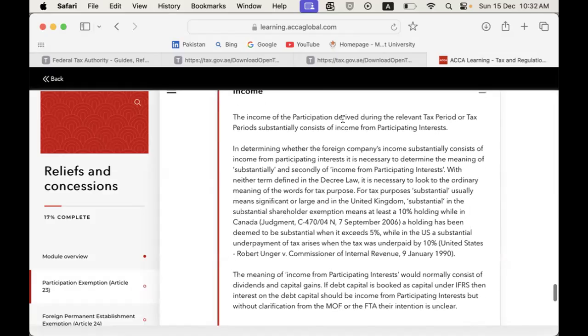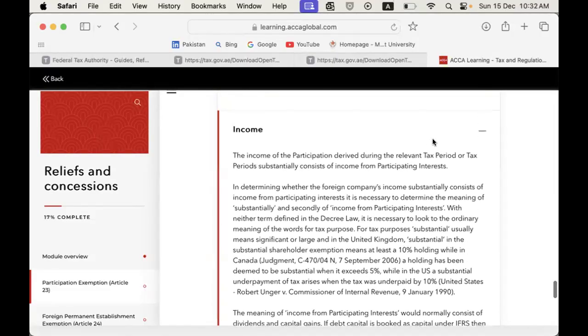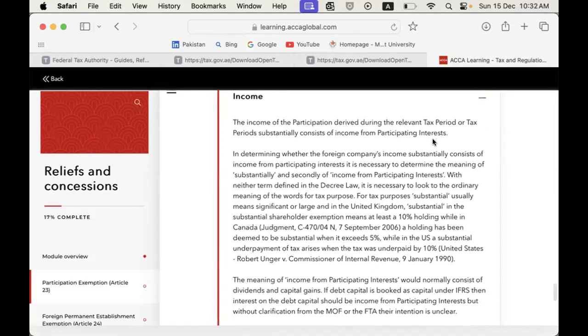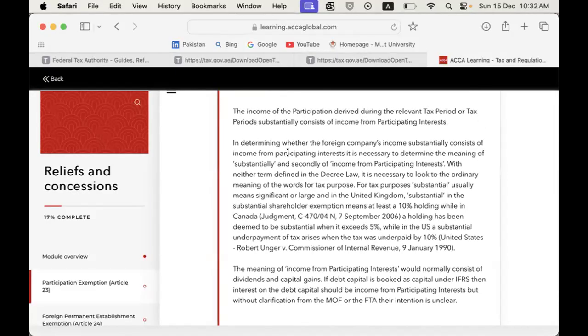Income. The income of the participation derived during the relevant tax period or tax periods substantially consists of income from participating interest. So basically, the participation entity in the foreign country should hold equities and interests, etc., and the distributive share comes to the UAE taxpayer company.